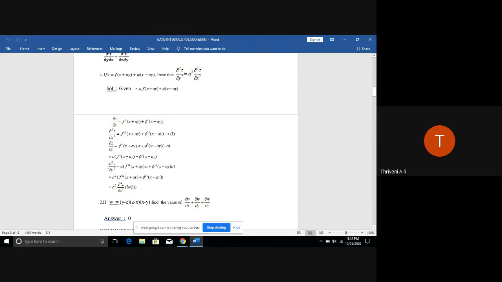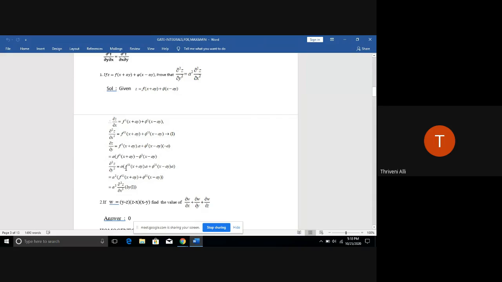Now taking a common, a times [f dash of (x plus ay) minus phi dash of (x minus ay)]. Next we go for dou square z by dou y square. Likewise, we get a square, and once again we have to differentiate dou z by dou y with respect to y.